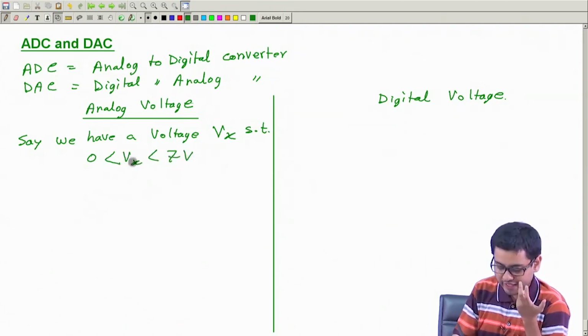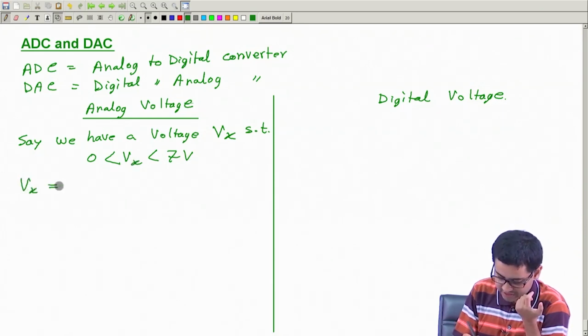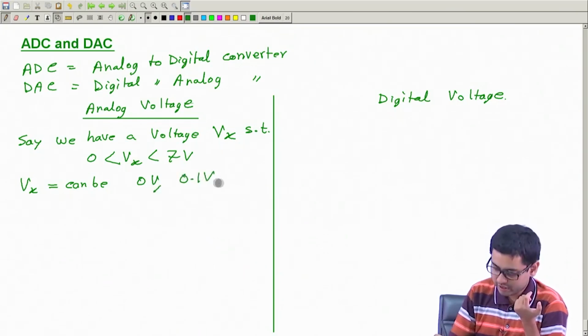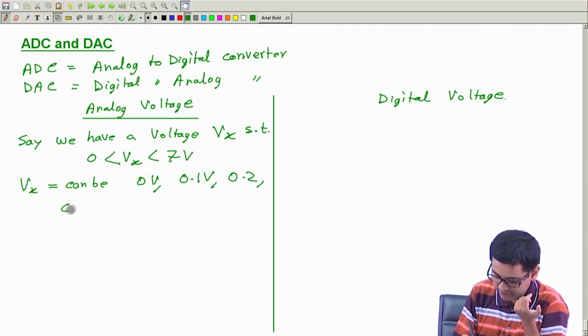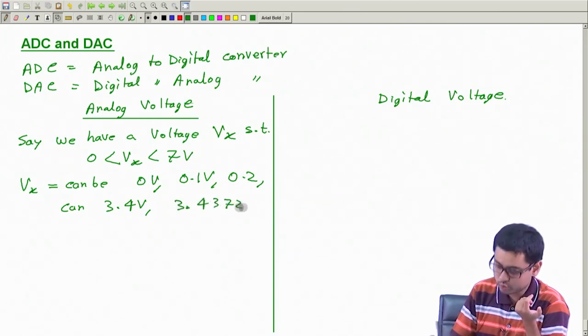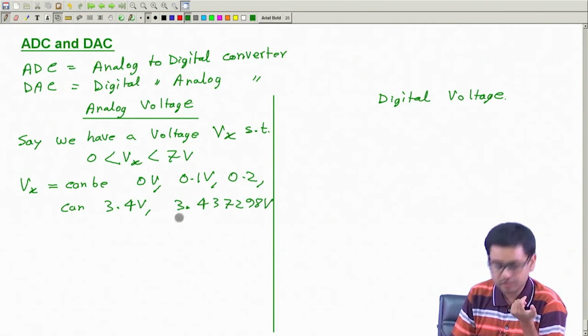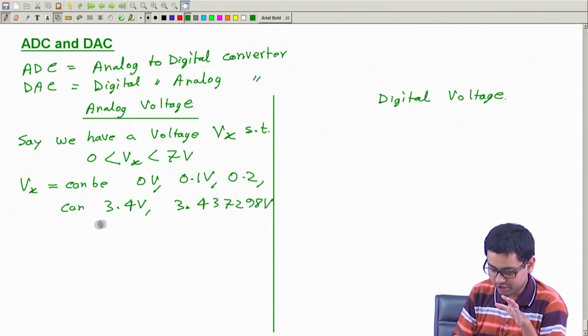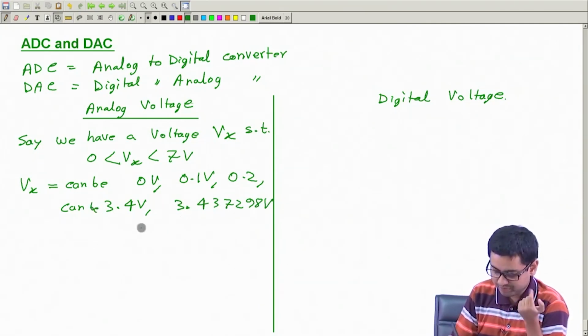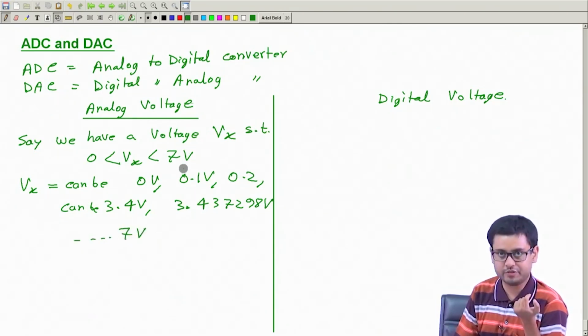So Vx can be 0 volt, can be 0.1 volt, can be 0.2 volt, can be 3.4 volt, 3.437298 volt, anything between 0 and 7 volt.